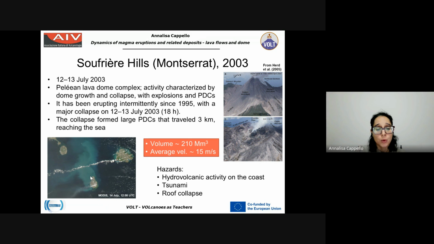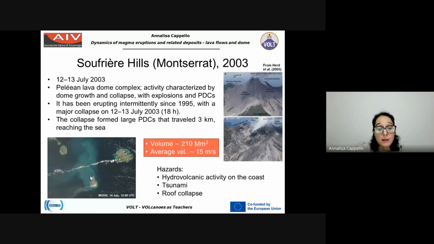And it was characterized by pyroclastic flows. Indeed, the lava dome complex collapsed, causing explosions and pyroclastic density currents.